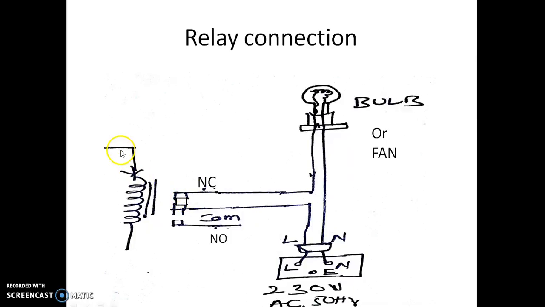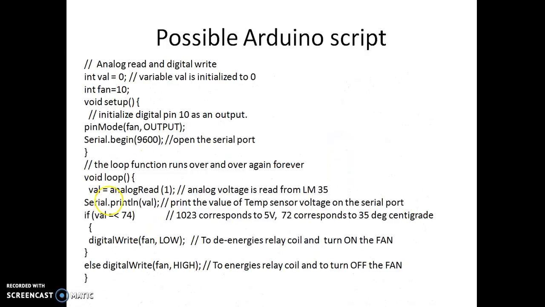So we'll be getting a 0 when the temperature is less than 35 degrees centigrade, meaning when this condition is true, that is when the var value is less than 72 or 74. When this condition is true, we are putting a low on the fan output, so the coil is de-energized and the fan will keep running.